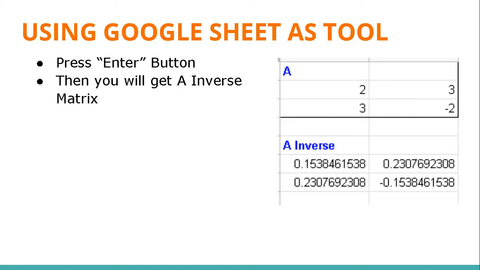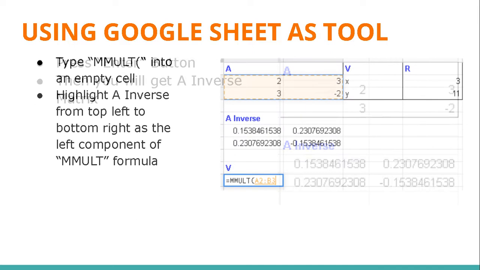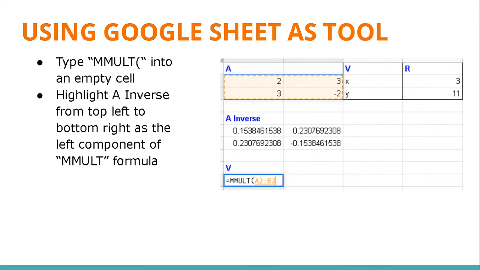After that, you just need to multiply A inverse times the result matrix, then you will get the variables. How can we do that? You just need to use the formula in Google Sheet, which is MMULT. MMULT means you will do matrix multiplication. So in MMULT, you need to put two matrices in the bracket.